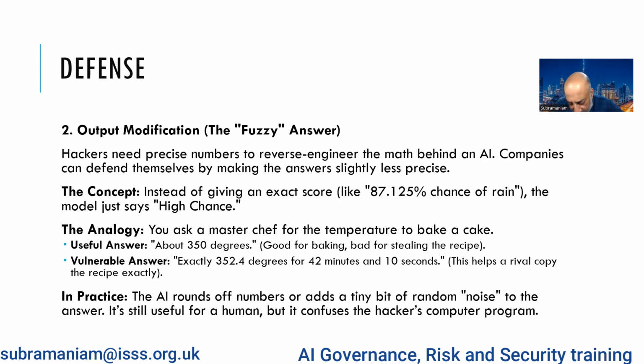Otherwise, output modification. This is like an auditee and auditor scenario. Usually when the auditor questions us, we don't tell him the complete answer. We will be very specific, and sometimes it is not quantifiable, because the more you tell the auditor, the more he is going to question you. If it's a qualified and smart auditor, that's different. But sometimes the auditor is just an auditor, someone who has just graduated somewhere.